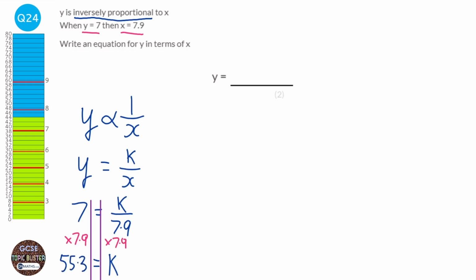So we know that k is 55.3. So I'm just going to rewrite this formula here, but instead of k, I know that it's going to be 55.3. So our answer is y equals 55.3 over x.